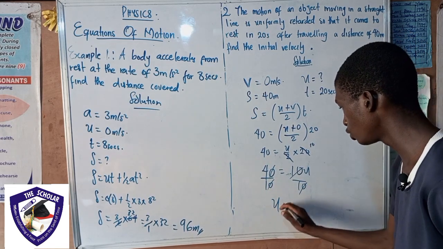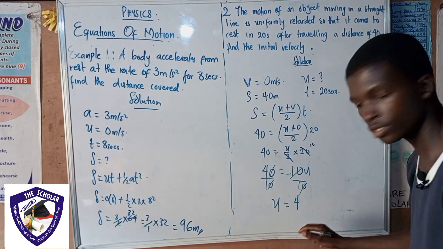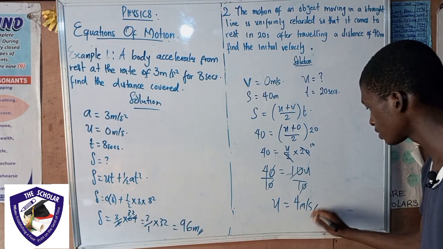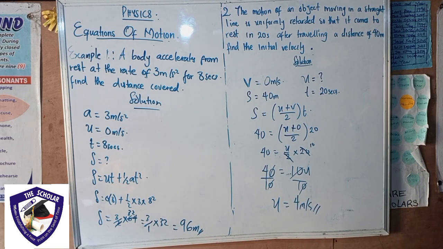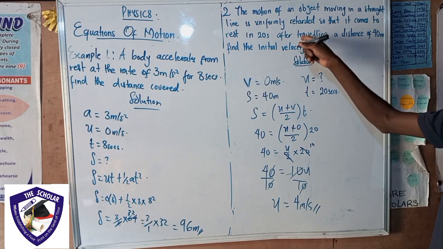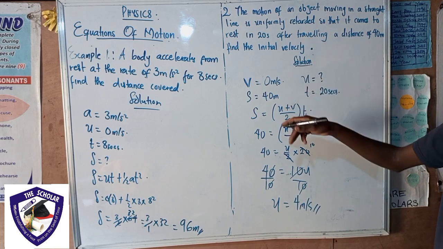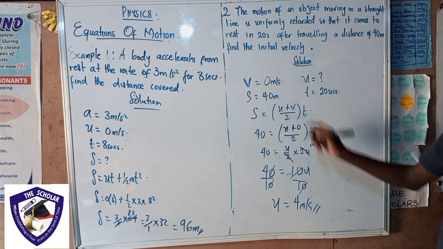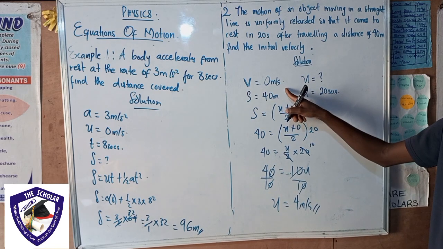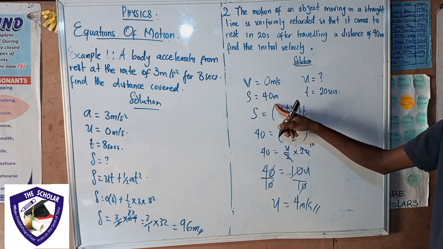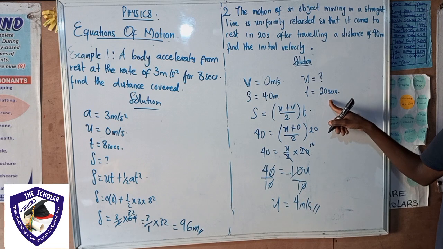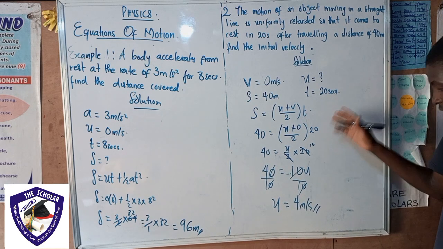So that I have my U to be equal to 4 meter per second. And this is how to solve this question. That means the initial velocity of this body is 4 meter per second, and the final is 0. The distance covered is 40 meters and the time taken is 20 seconds.